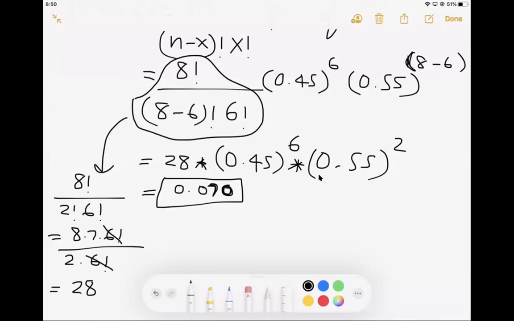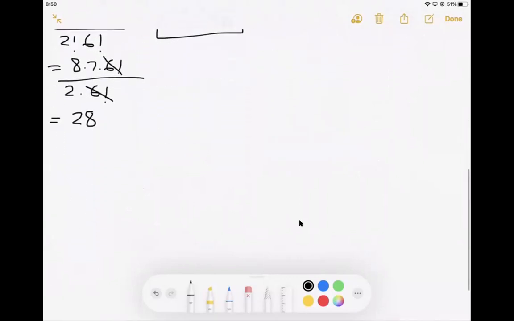Now this is the next part of that same example. What is the probability that at least 6 people have type O blood? Now we have an inequality, not an exact X value. So I will tell you how to do that one.